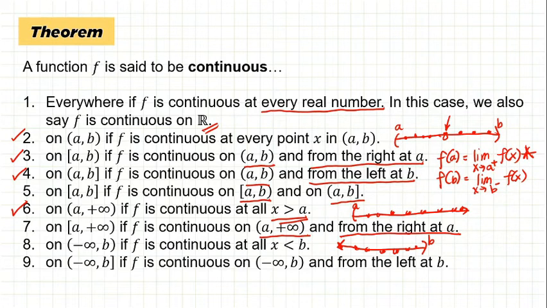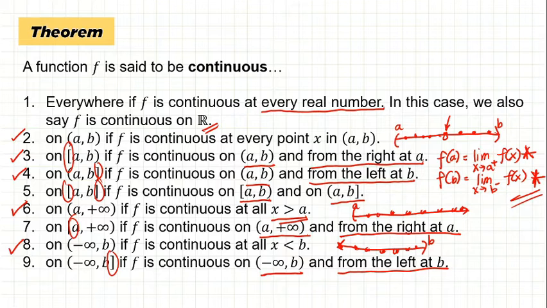And for number 9, for the last one, negative infinity to b, close at b, if f is continuous on negative infinity to b, so we have number 8, so balik kayo kay 8, and from the left at b, so balik kayo dito sa one-sided continuity. So therefore, ito lang titingnan nyo. If merong closed, like this one, gagamitin natin yung one-sided continuity.